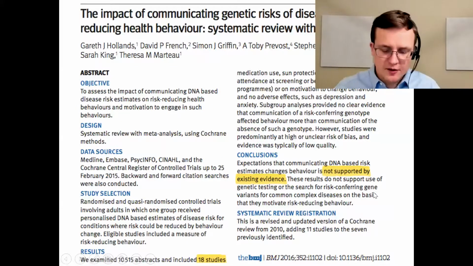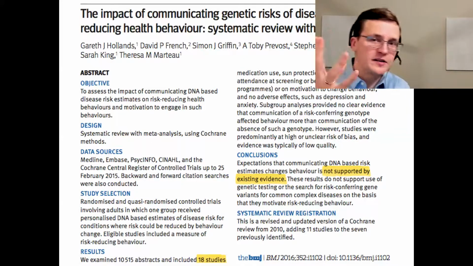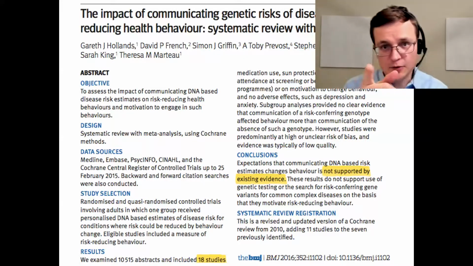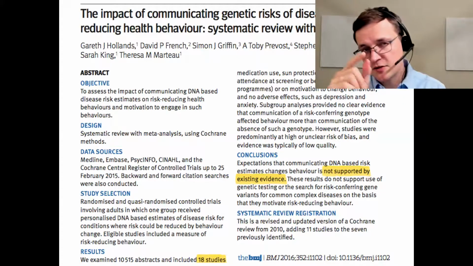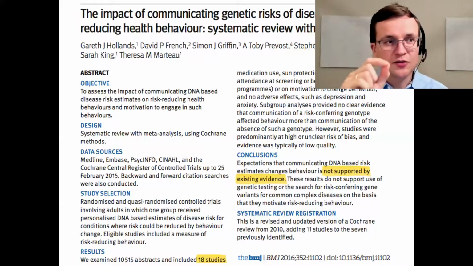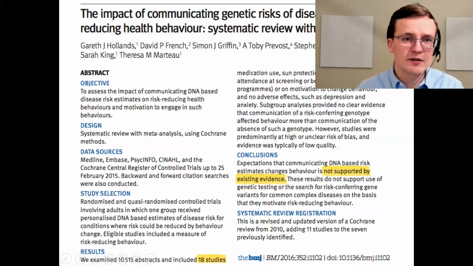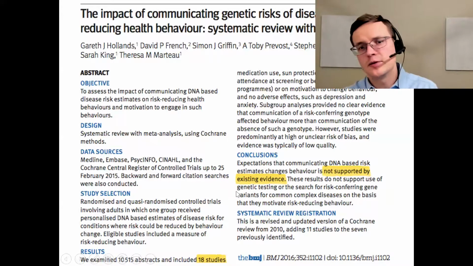Along the same ballpark, there's a lot of interest and enthusiasm around the concept of, why don't we give people some genetic data about themselves? If I tell you that you've got a gene that makes you at slightly higher risk of diabetes, maybe that info will encourage you to change your diet. Lots of randomized controlled studies have looked at that question and said, no, it doesn't help.